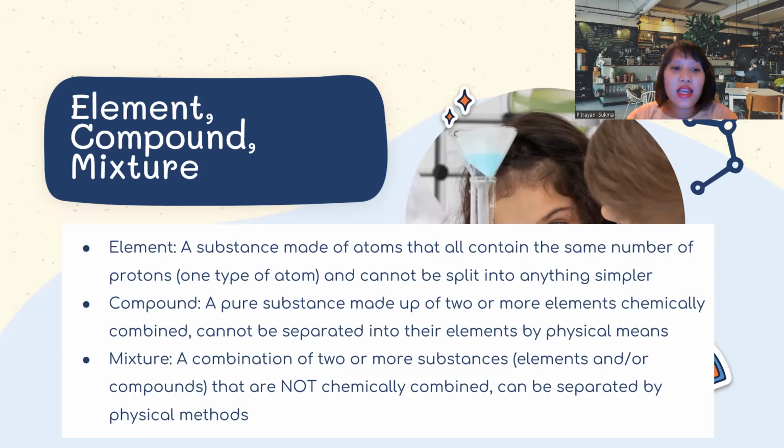And then a mixture is the combination of two or more substances, elements and or compounds, that are not chemically combined and can be separated by physical methods. For example, a mixture of salt in water: salt and water are two different compounds, and you can separate salt from the water by using evaporation. Or a mixture of stone and water: you can easily separate the stone from the water by using filtration. So they can be separated by physical methods.